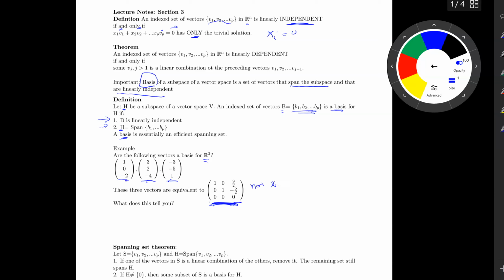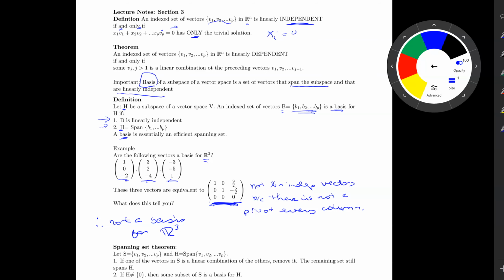Not linearly independent vectors, because there is not a pivot in every column. So this set of three vectors is not a basis for R3.